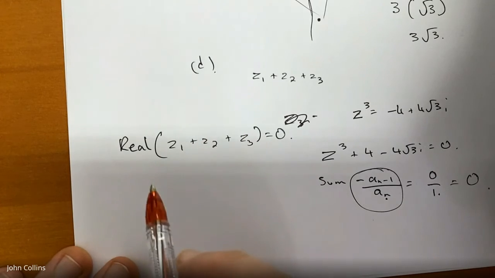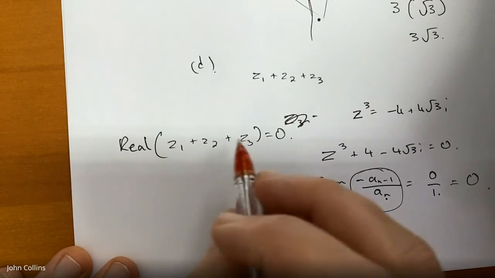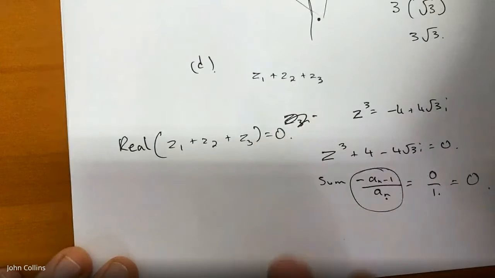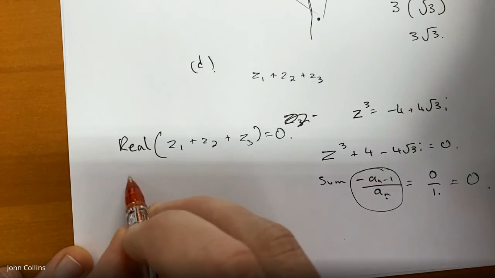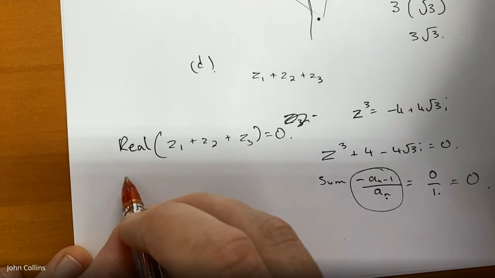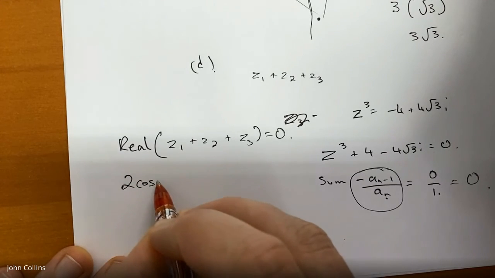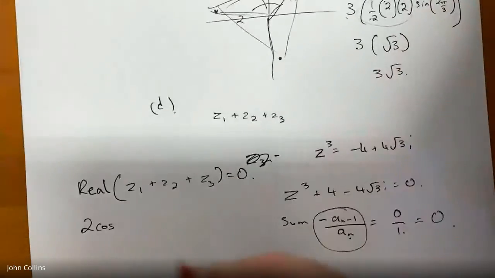As you said, in cis form, you would just take out the cos part for the real part. And it's 2. They're all 2 times, but we'll get to that in a second. Yeah, 2 cos all these angles we had up there.